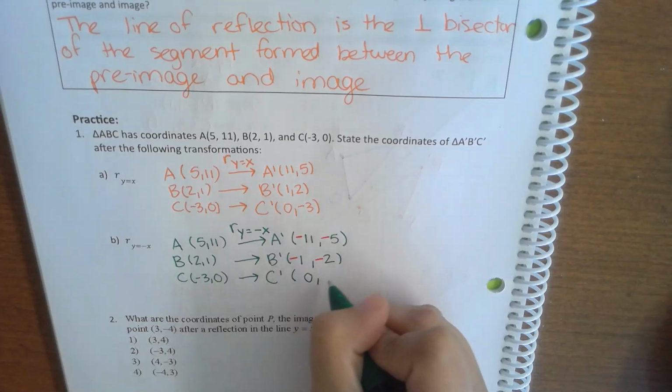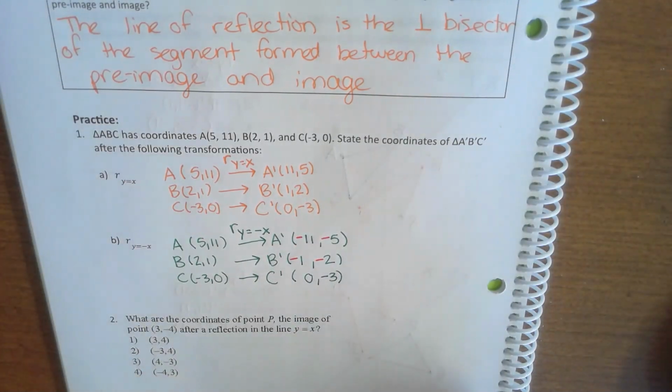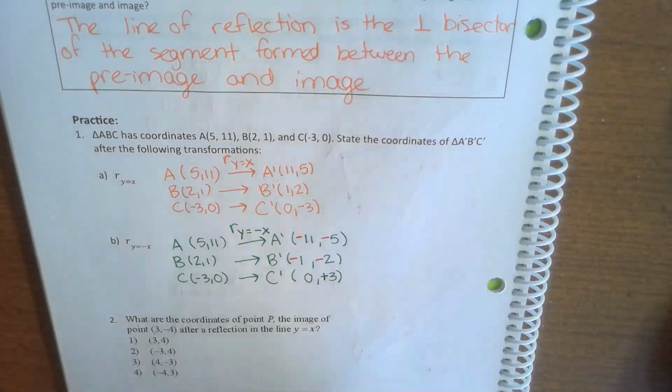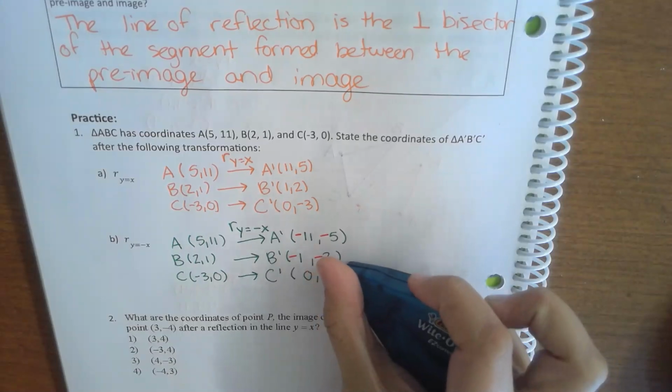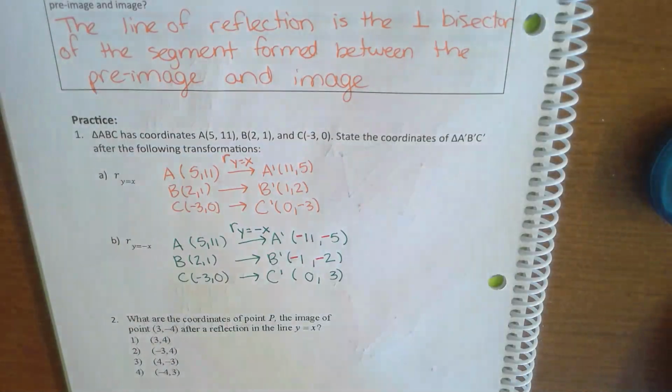This would be a 0 and a -3, but they both need different signs than what they had before. 0 doesn't have a sign, so I don't need to change that. The -3 becomes a +3, and usually when we have a positive, we don't even write that, so I'm just going to go ahead and get rid of that. It would become 0, 3.